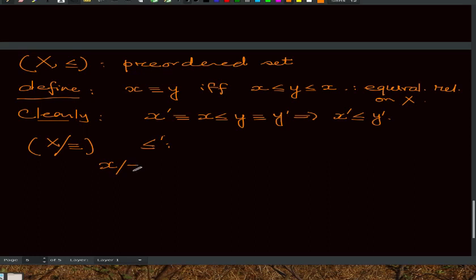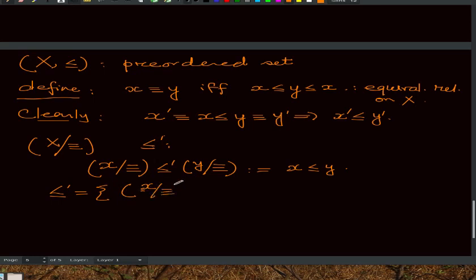The class of X is less than or equal to the class of Y, to mean X is less than or equal to Y. So that means I have defined, speaking very formally, the set of all these ordered pairs such that X is less than or equal to Y.